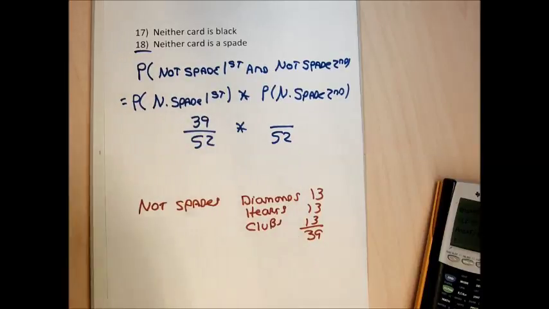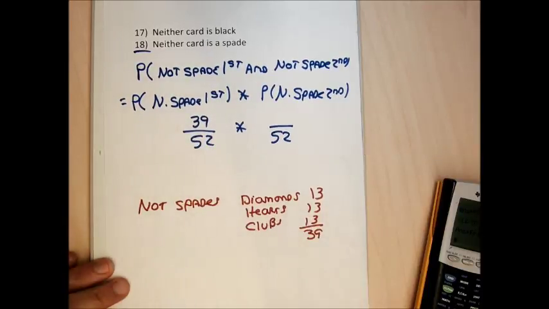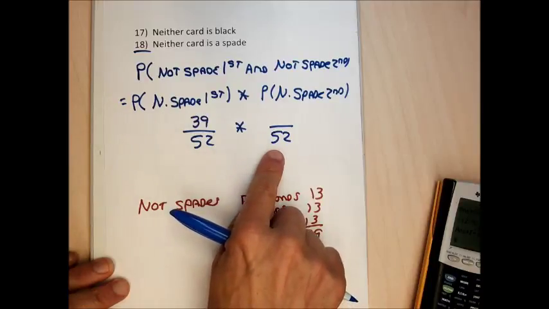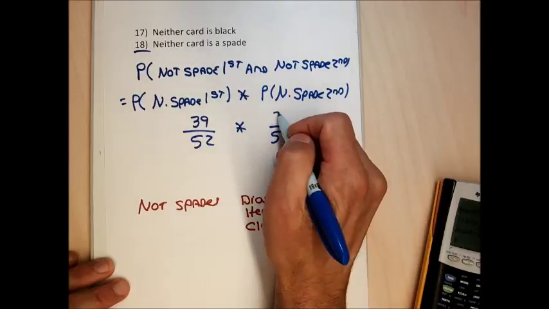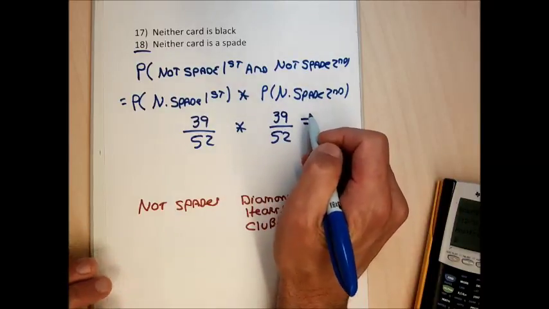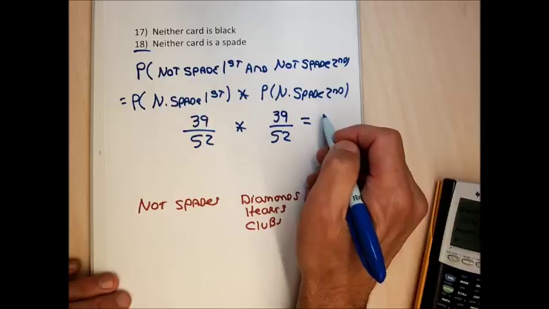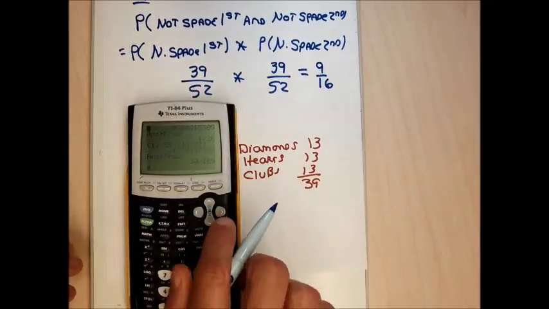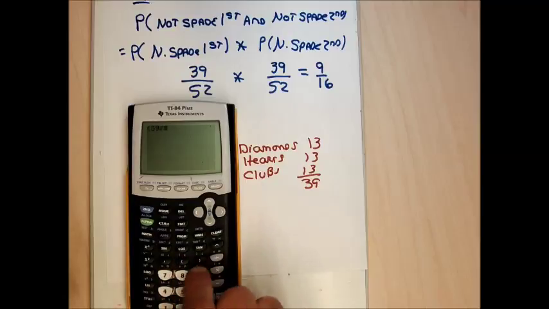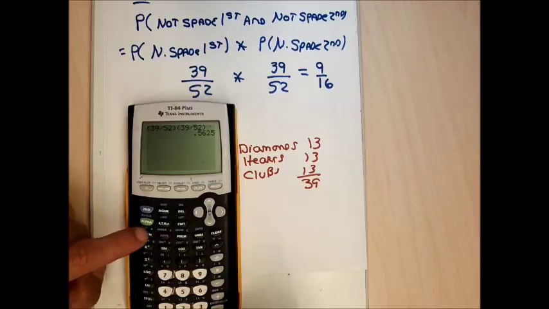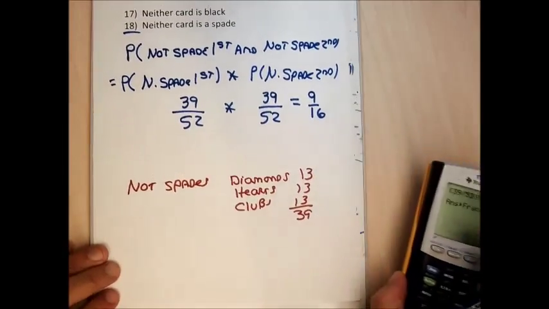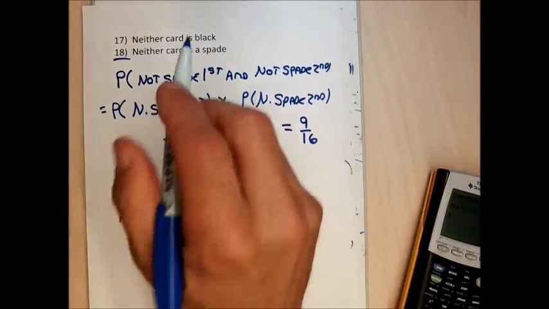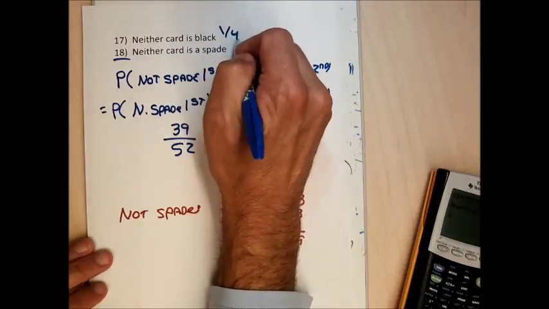I'm assuming I picked up one of these non-spades for my first card, I put it back in, and I still have all 52 cards to choose from and all 39 not spades to choose from for my second card. I believe this is going to come out to 9 over 16, but that's probably a dumb thing to just even try to do in my head. I did get 9 over 16. Assuming my answer for 17 is right, you should get 1 over 4.